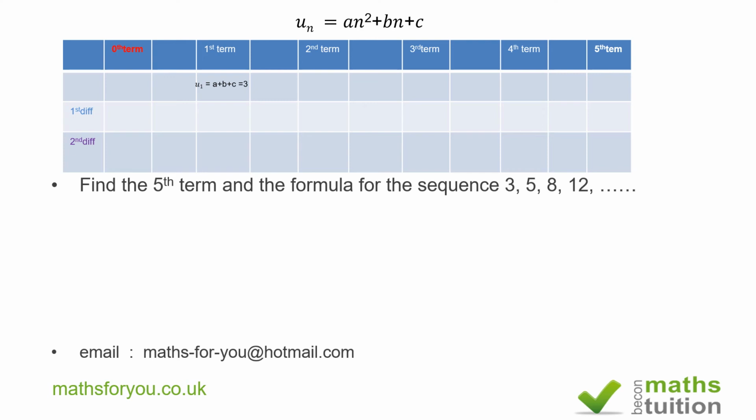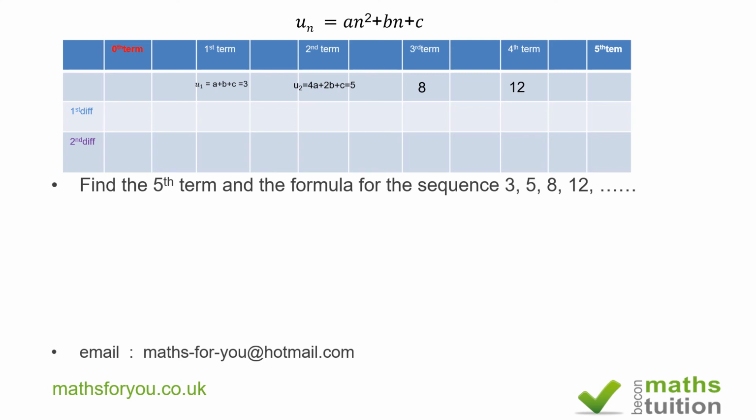And u sub 2 will be 4a plus 2b plus c, and that's 5. u sub 3 is 8. u sub 4 is 12. u sub 5 we have to find. Now we need to find the first difference between consecutive terms.